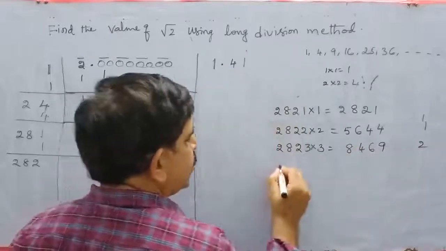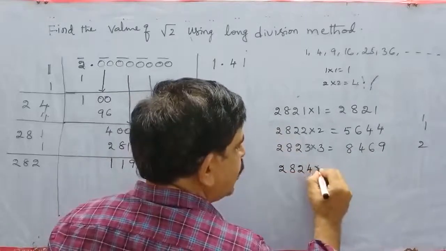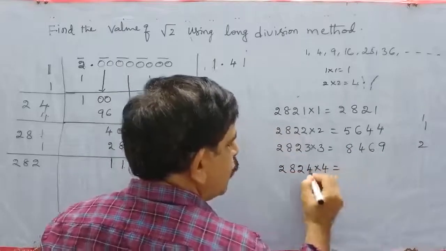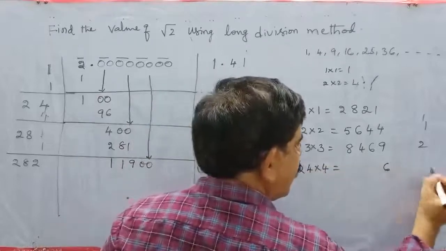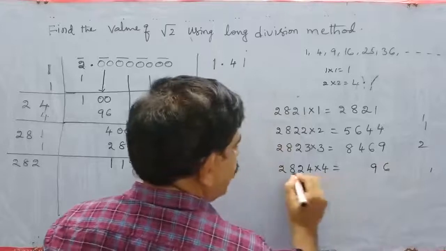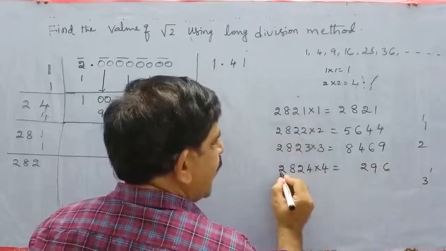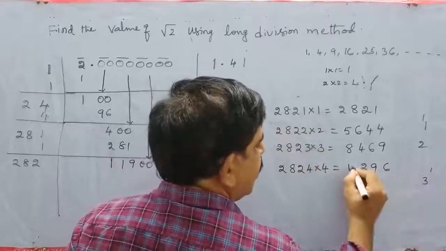Okay, next one, 282 4 into 4, 4 4s are 16, 1, 4 2s are 8 plus 1, 9, 4 8s are 32, 3 remainder, 4 2s are 8 plus 3, 11.